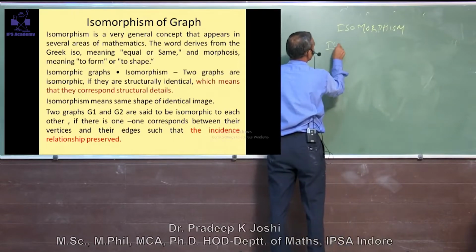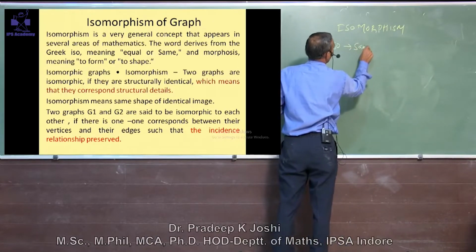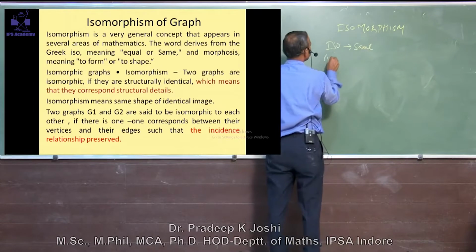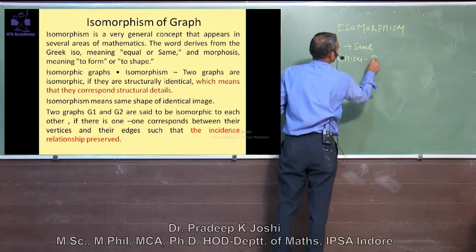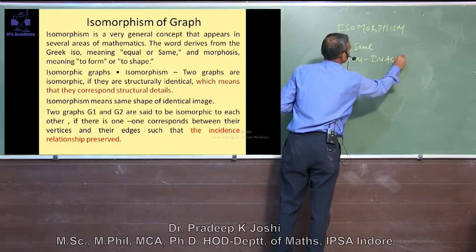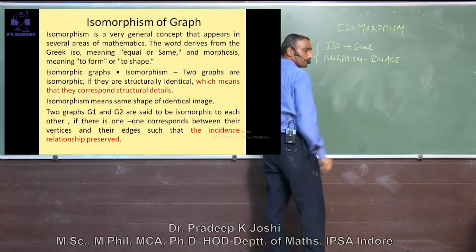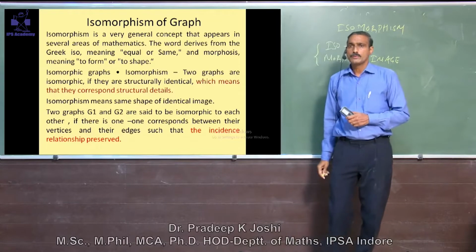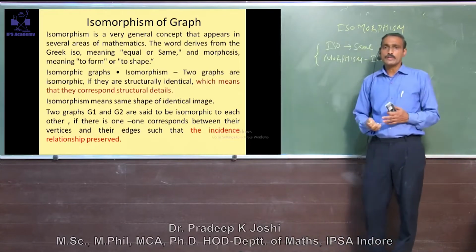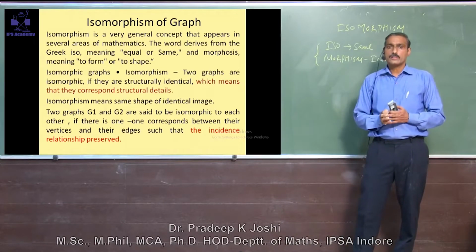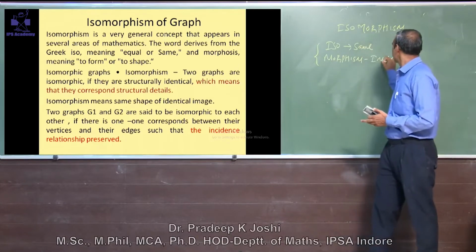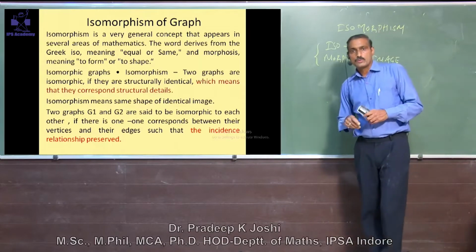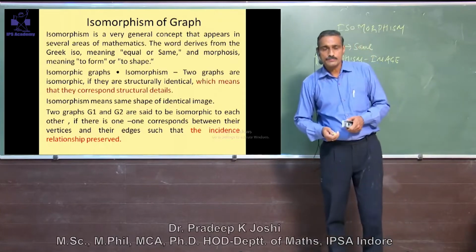Iso means same, and morphism means image. That means two graphs may be structurally different, but their internal structure is the same. Such graphs are known as isomorphic graphs, meaning same image. So we discuss what isomorphism is.